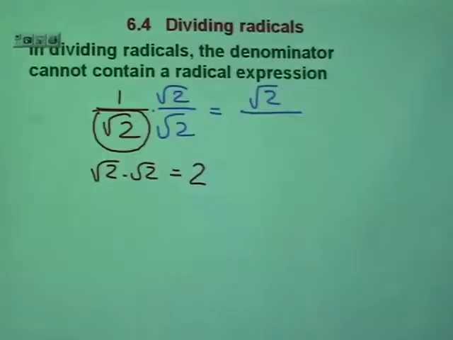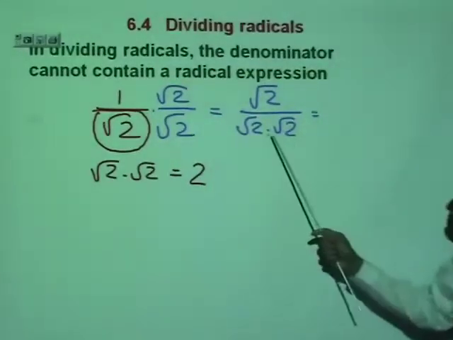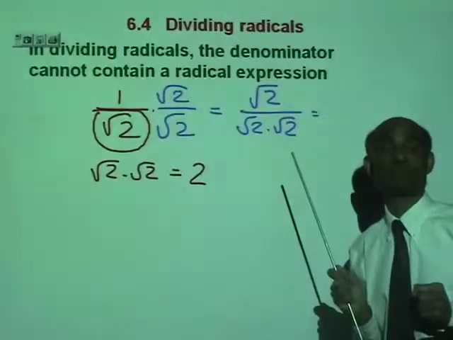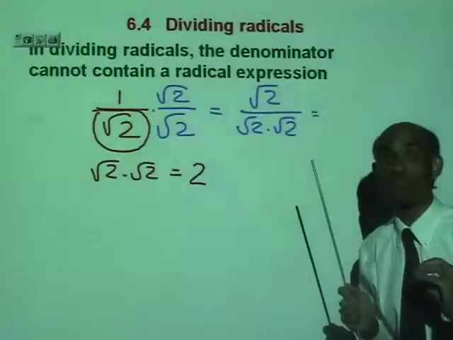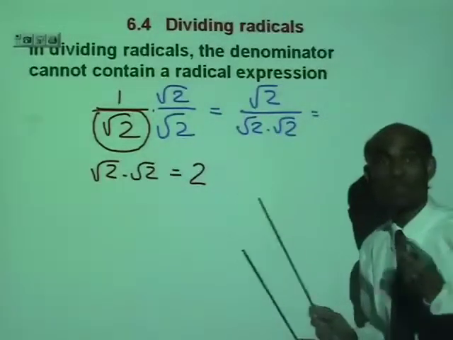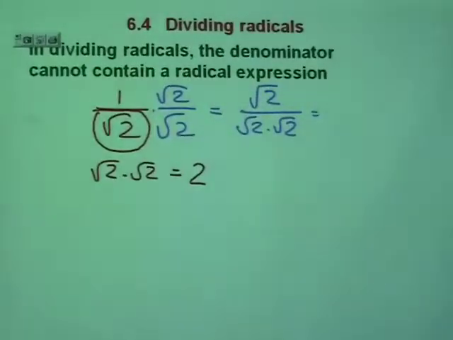On the denominator, I have square root 2 multiplied by square root 2. Now, what is square root 2 multiplied by square root 2? Square root 2 multiplied by square root 2 is 2. So, what will be the answer here? The answer will be square root 2 over 2.